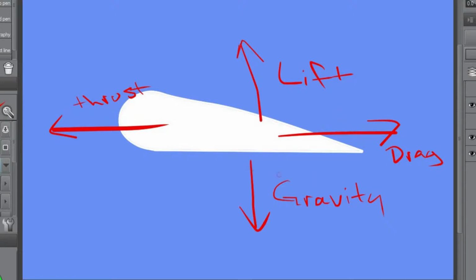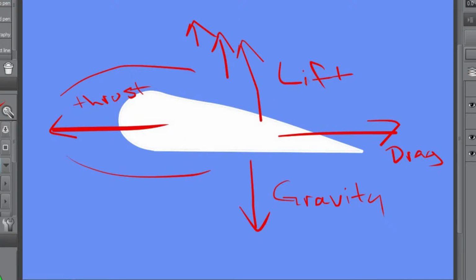But what's not usually explained is kind of the interrelationship between these. If you increase your thrust, you increase the amount of air flowing over and under the wings. The increase in thrust increases your speed, and an increase in speed increases your lift. A decrease in thrust will cause a decrease in speed, which will decrease your lift and cause the aircraft to fall.